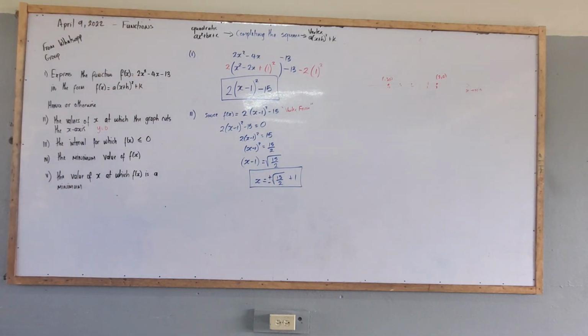You can plug this into your calculator to get the exact numerical value. What's the square root of 7.5? 15 divided by 2 is 7.5, right?